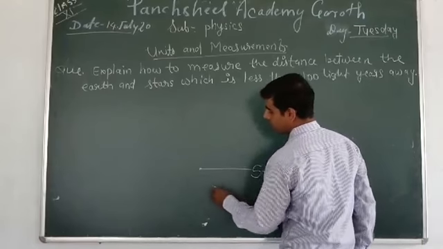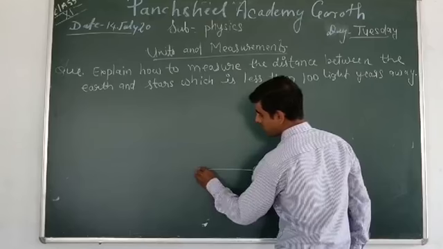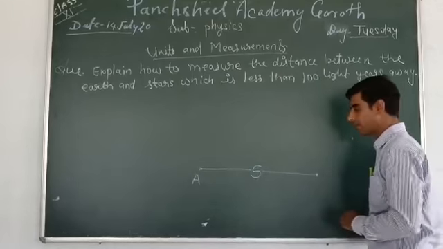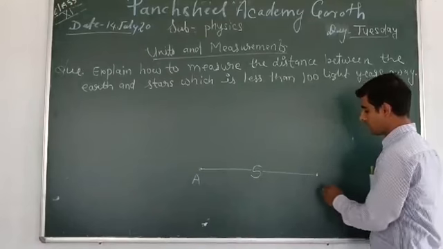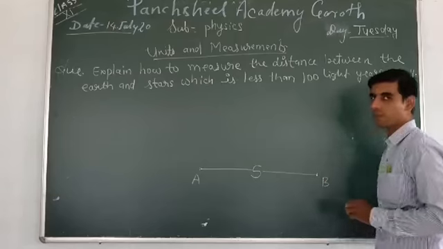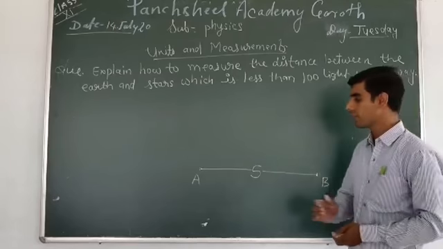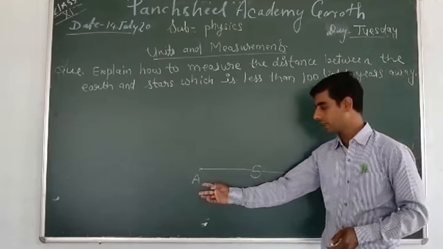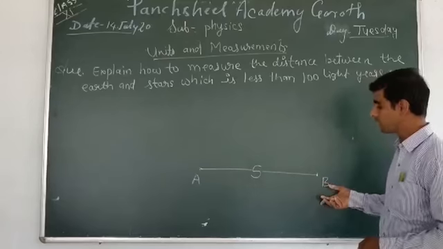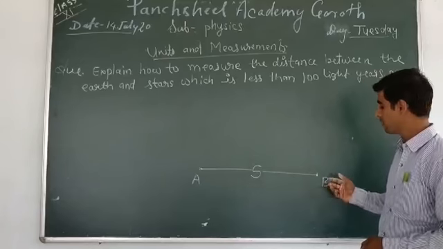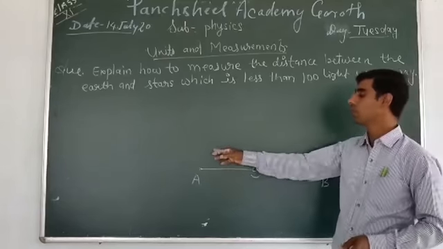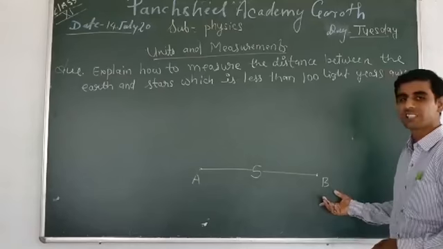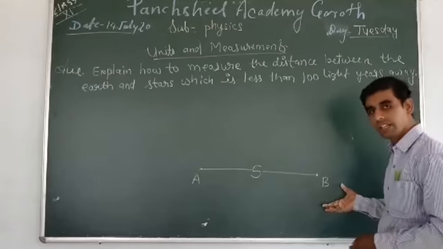This is the position of earth at A, and this is another position of earth, because 6 months later the earth, revolving around the sun, is here.